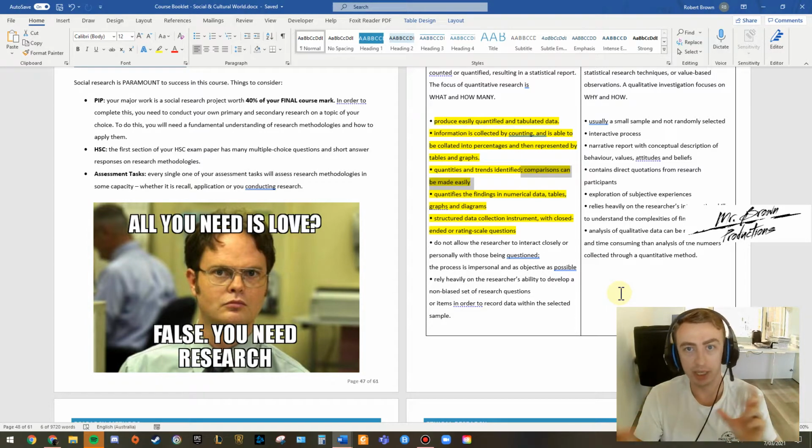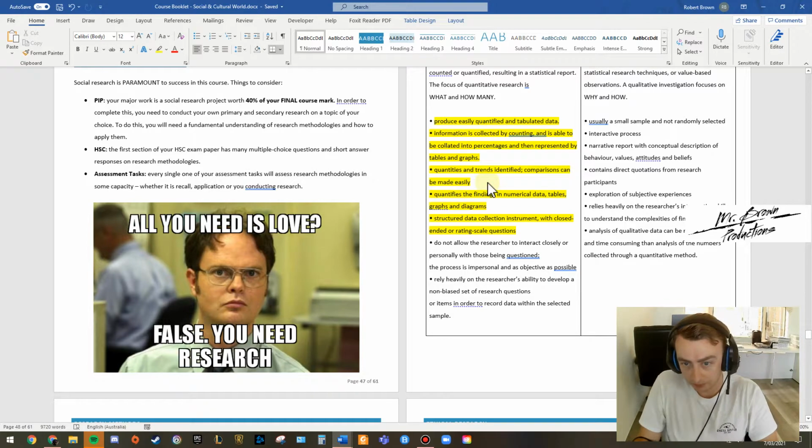So you can compare your data with other people's data and research really easily, and that can strengthen your research claims to back up your data. Or your data might challenge their data, because they might have only found that 10% of people do, but yours has found that 60% of people do. So you can then maybe explain the differences and why. So you can make comparisons easily with quantitative research.